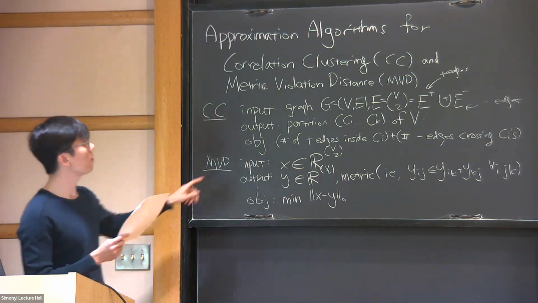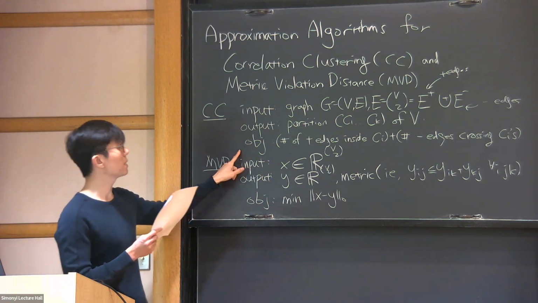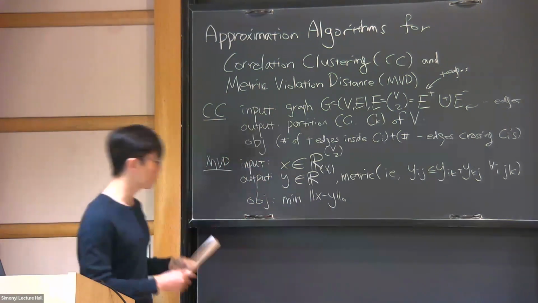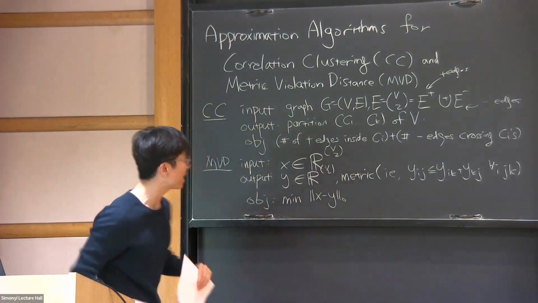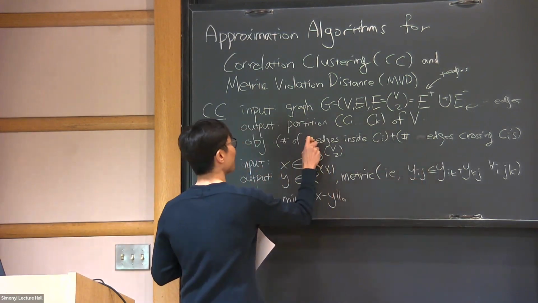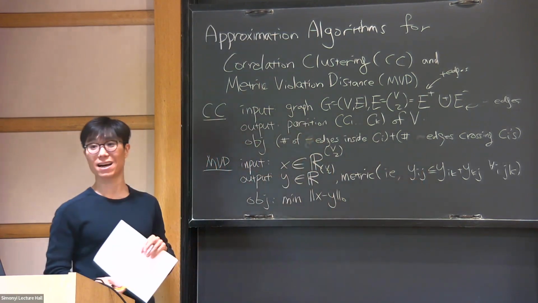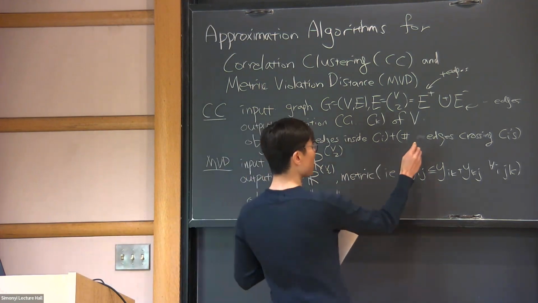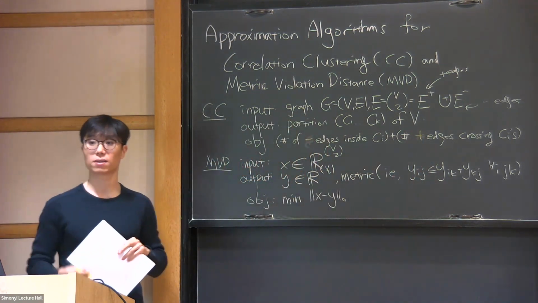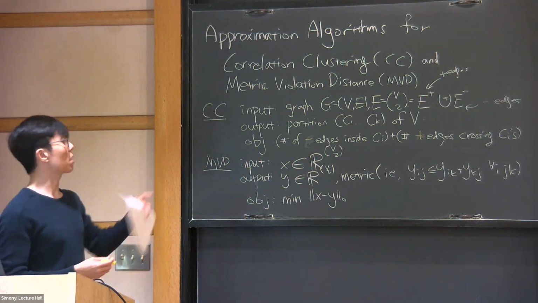Sorry, I messed up the sign. The objective is to minimize the number of minus edges inside each Ci, plus the number of plus edges that cross different parts of the clustering.